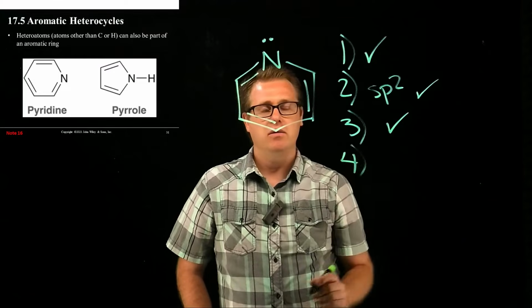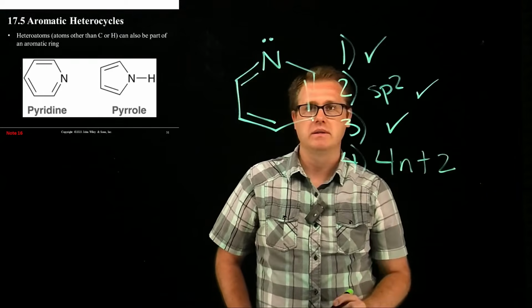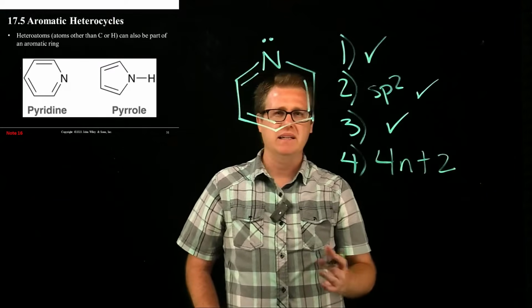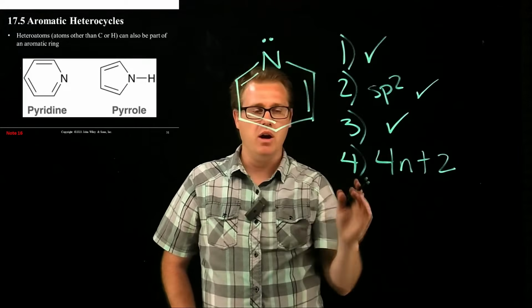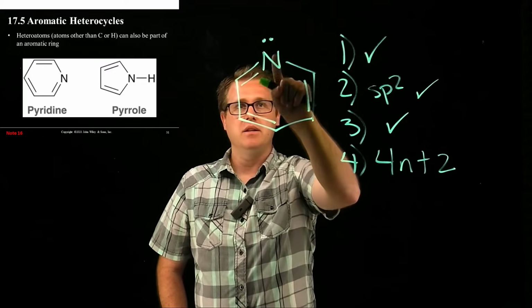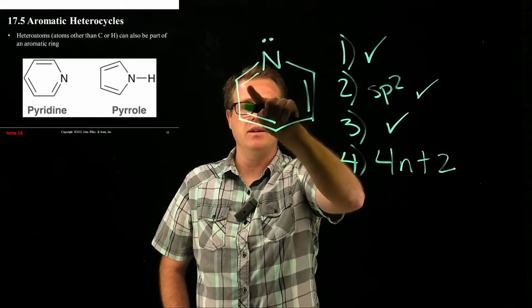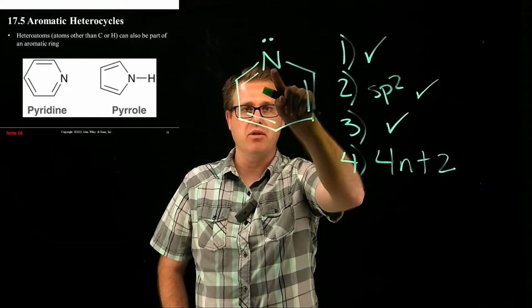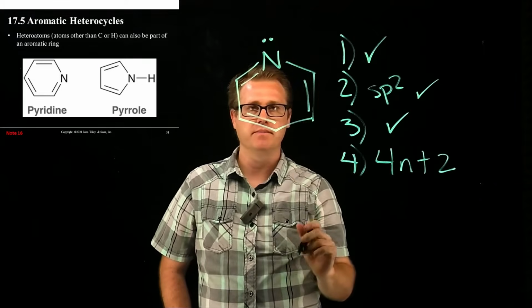Now, does it follow the 4n plus 2 rule? And like I mentioned last video, here, do you count the lone pairs or not? Here's the trick. If the heteroatom has lone pairs and there's a double bond attached to that heteroatom, you do not count the lone pair.